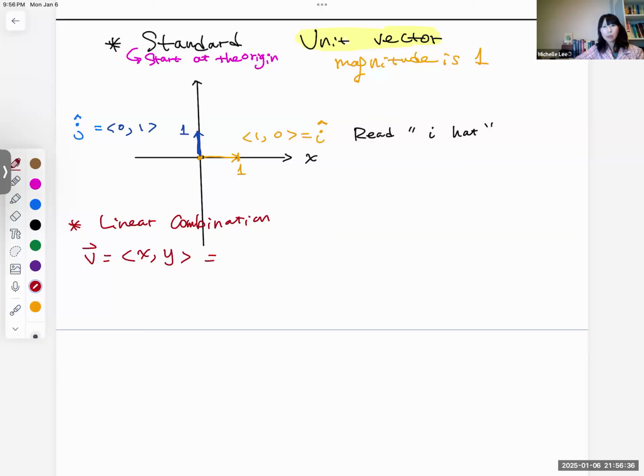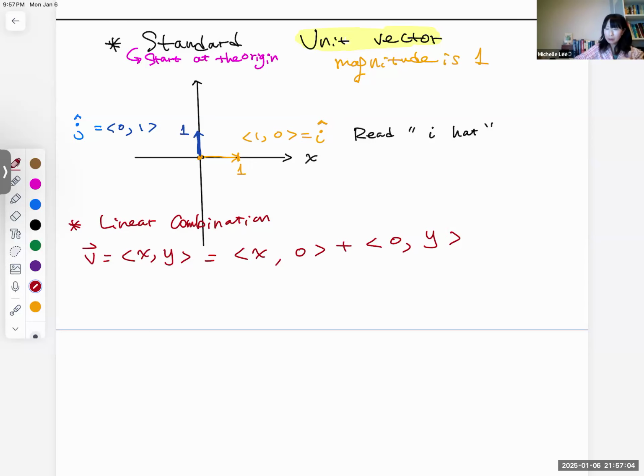Then we can express this as (x, 0) plus (0, y), right? Do you agree or not? Because x plus 0 is x, and 0 plus y is y, right?